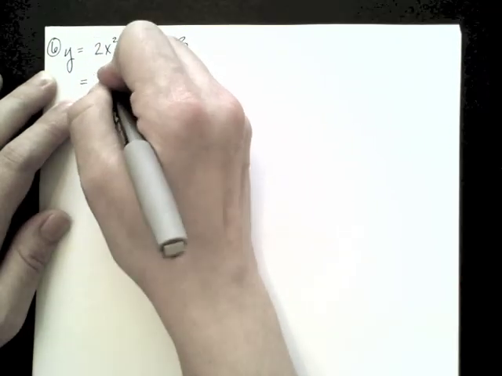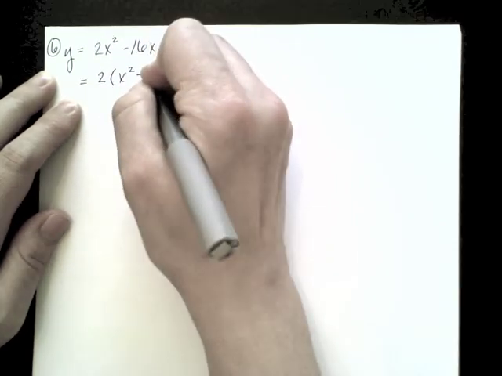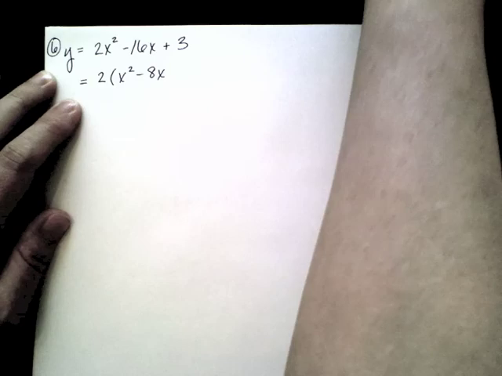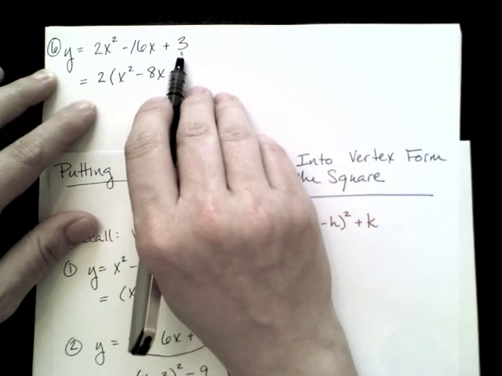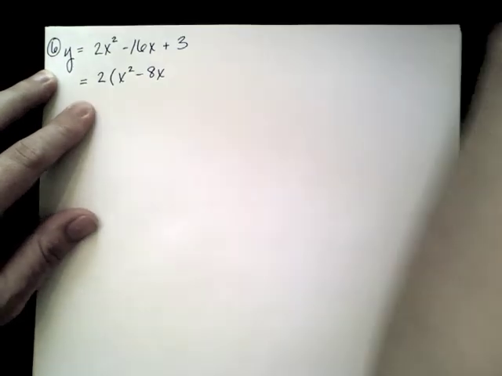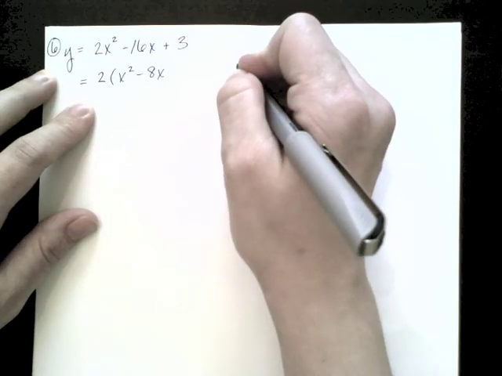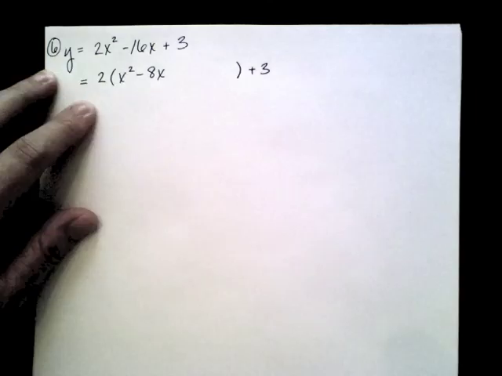I'm going to factor out, but also notice that I don't need to factor a 2 out of that 3, because that 3 will eventually become part of this k. So I'm going to leave myself some room inside of these parentheses, and then I'll have the 3 there on the end.